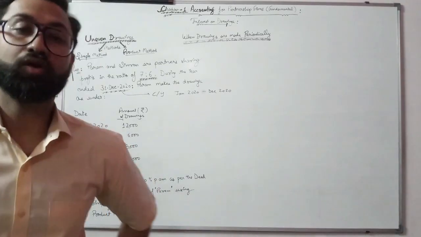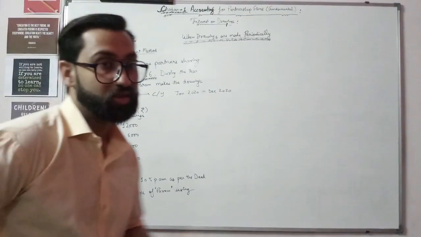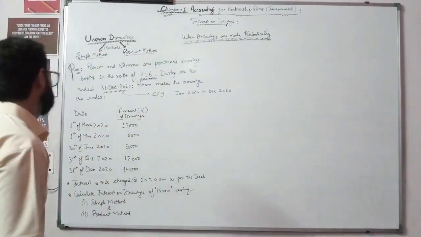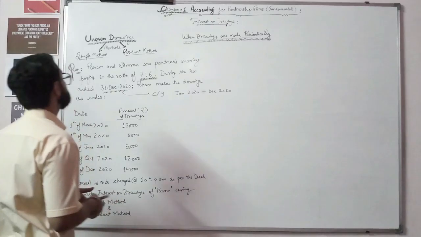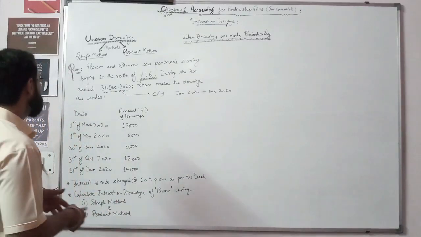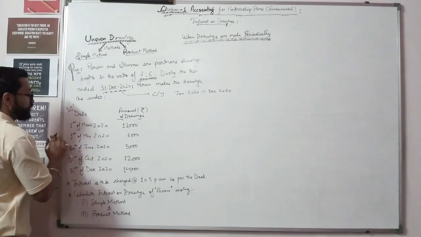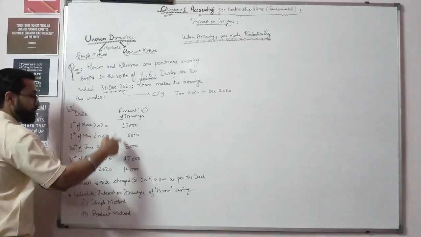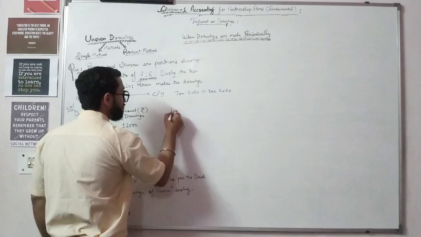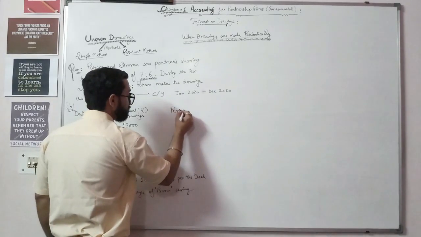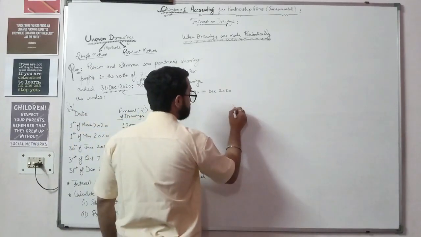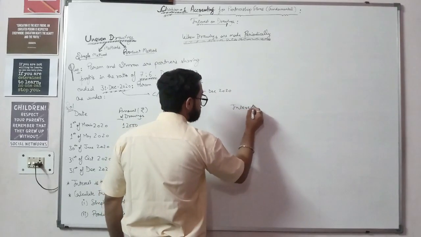Now we will do the question by both the methods. Let's just start with simple method. Now in this case, for the solution part, what you have to do is: solution, date, amount, and here will be period and interest.